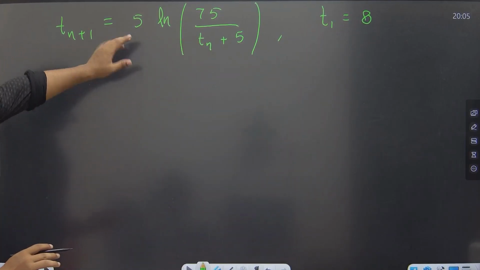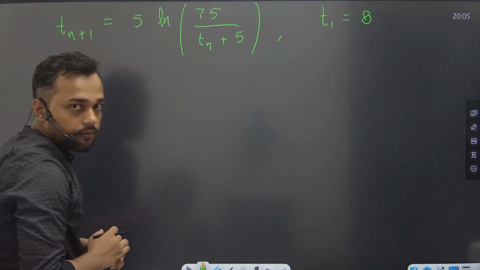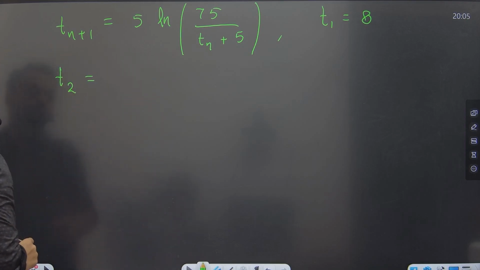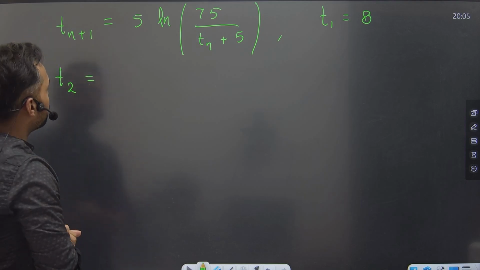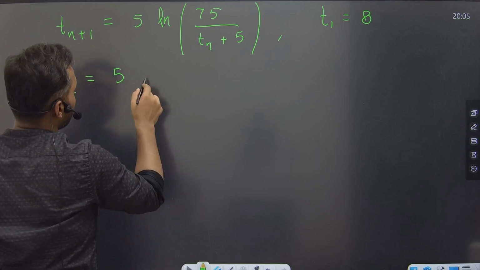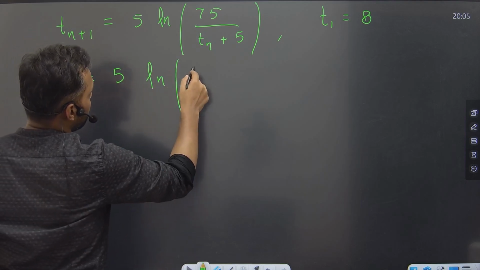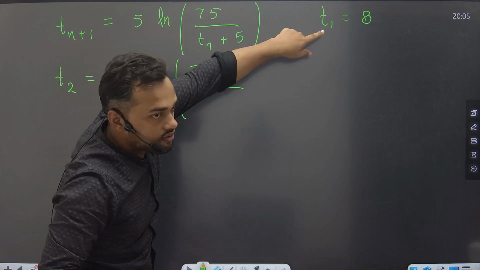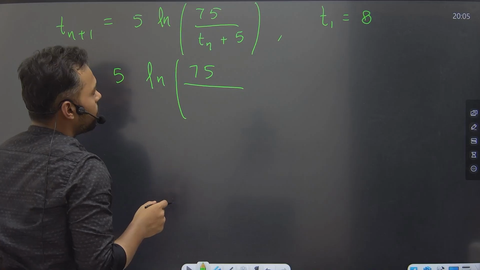If we know the value of t1 is 8 and want to find t2, we plug in n equals 1, so it will be 5 ln(75/(t1 + 5)). Here t1 is 8, so 8 plus 5 will be equal to 13.